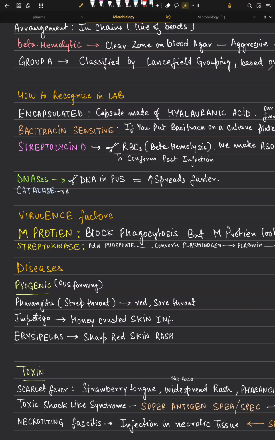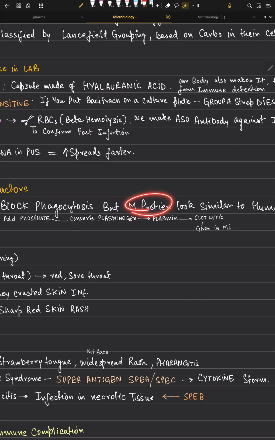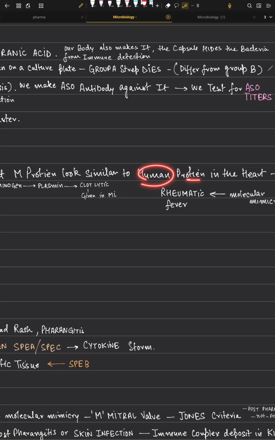Another thing is that they have virulence factors. What virulence factor do they have? They have something called M protein. M protein is anti-phagocytic, so it blocks phagocytosis. But this M protein can also look similar to human proteins in the heart.